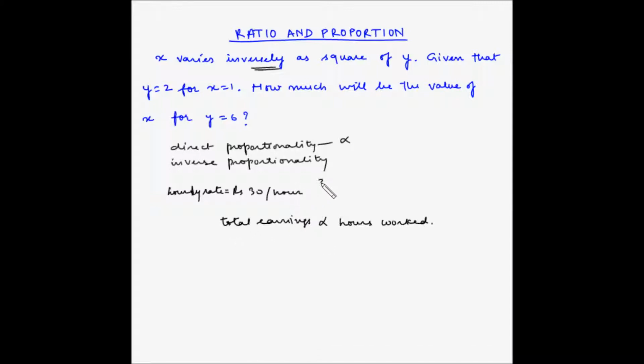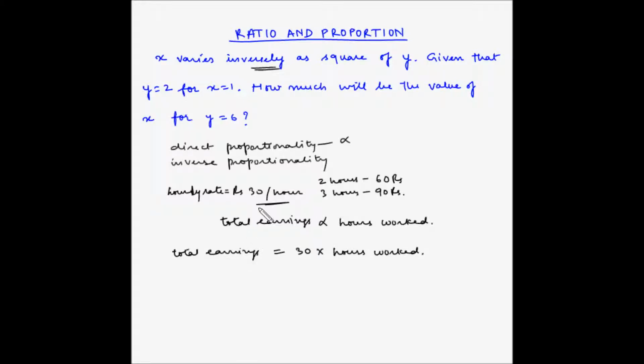So basically if you work 2 hours, you earn 2 multiplied by 30, which is 60 rupees. If you work 3 hours, you make 3 into 30, which is 90 rupees. So in this example, the total earnings is equal to 30 multiplied by the number of hours worked.